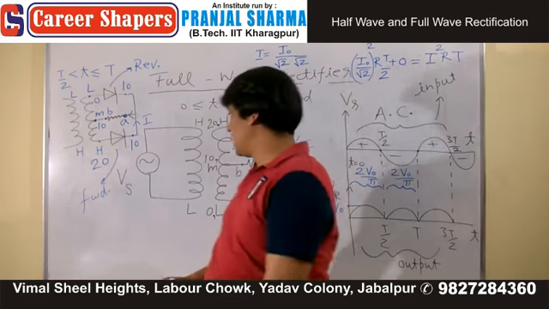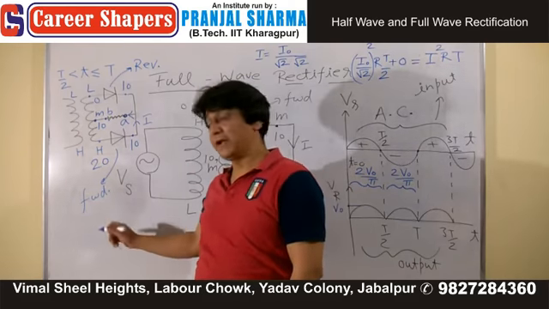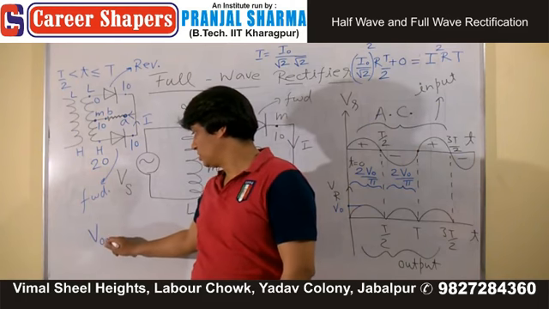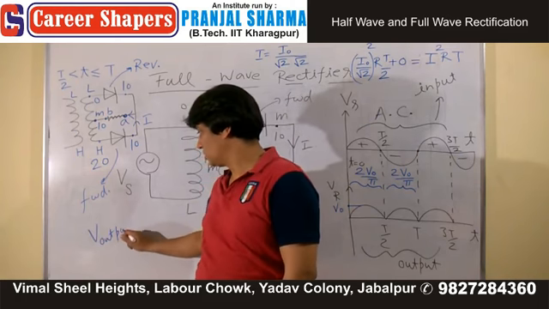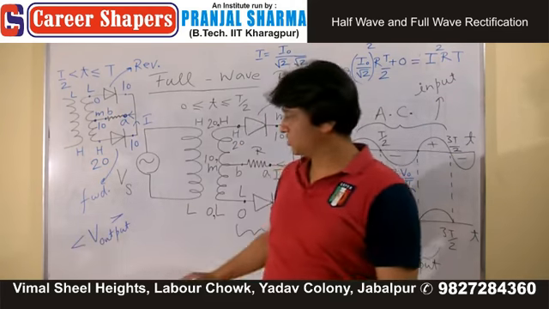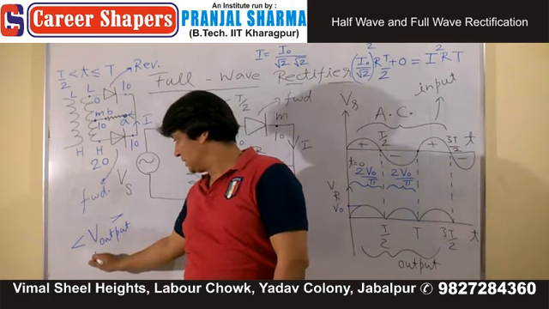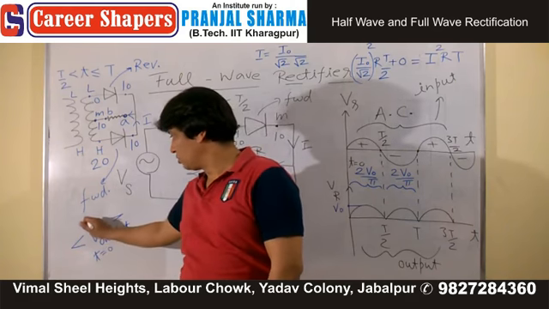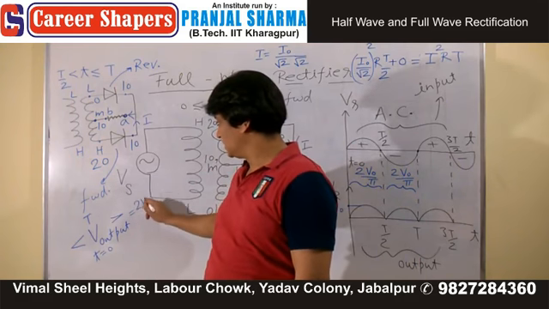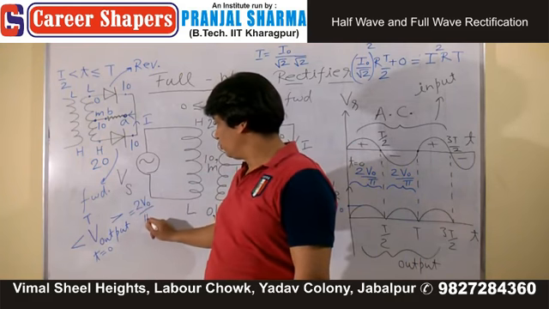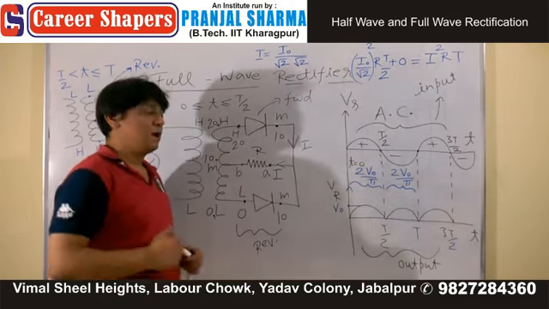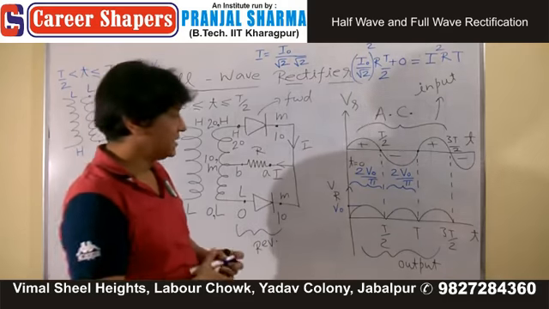And therefore, average for complete cycle, V output average, from 0 to capital T for complete cycle is 2V0 upon pi.